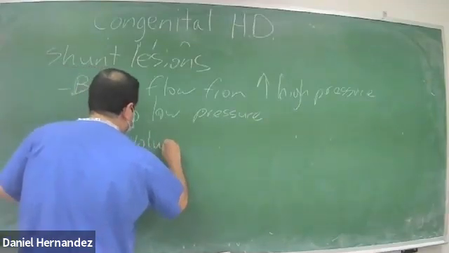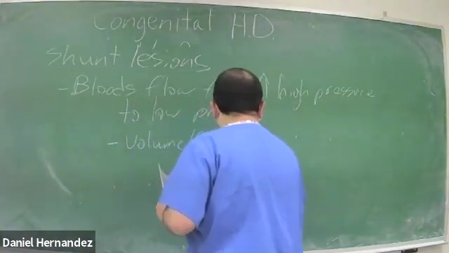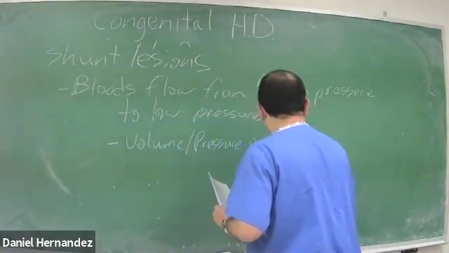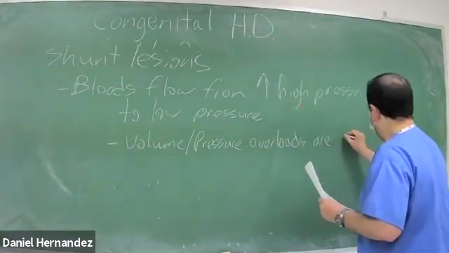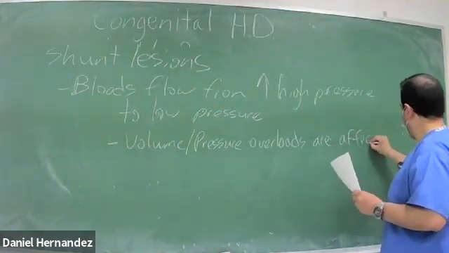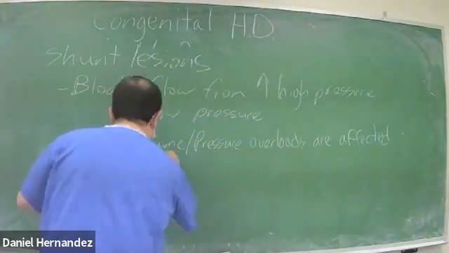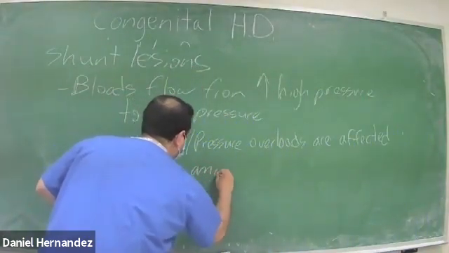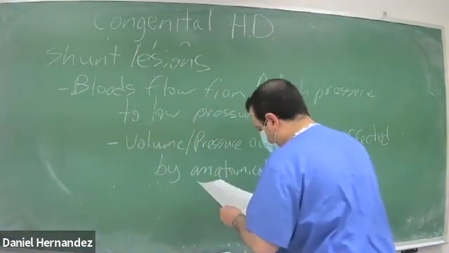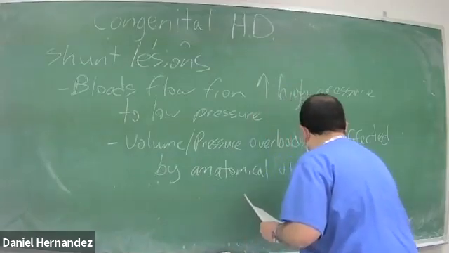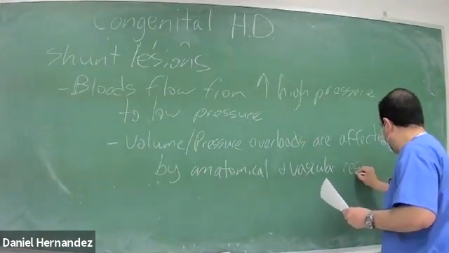And volume and pressure overloads are affected by anatomical and vascular resistance to flow.